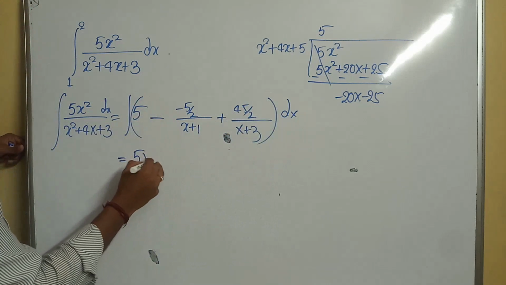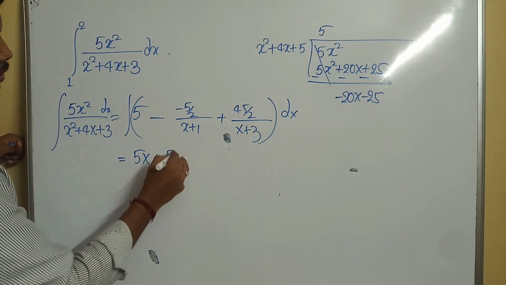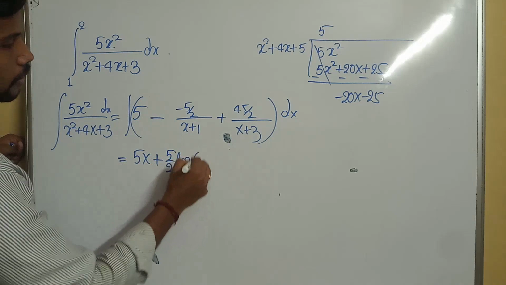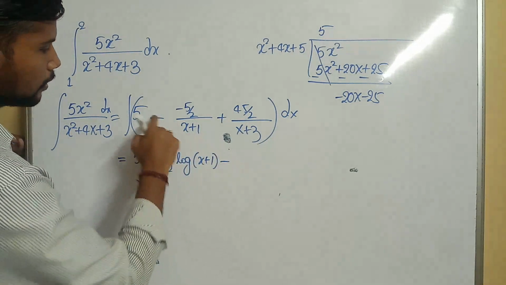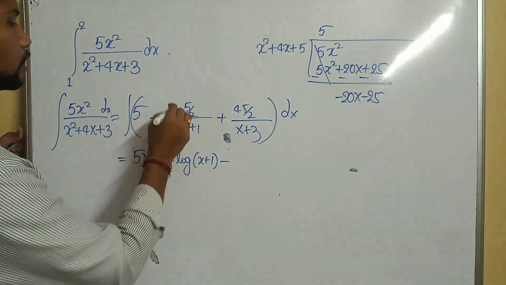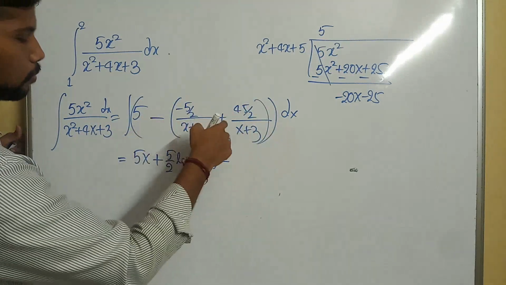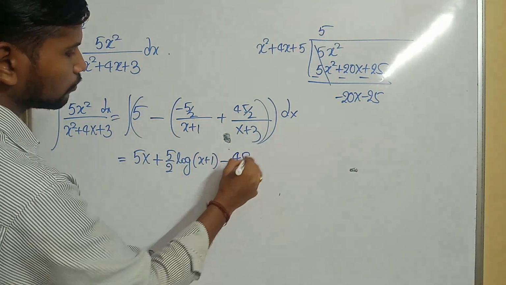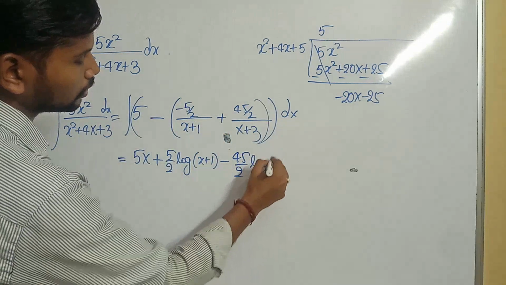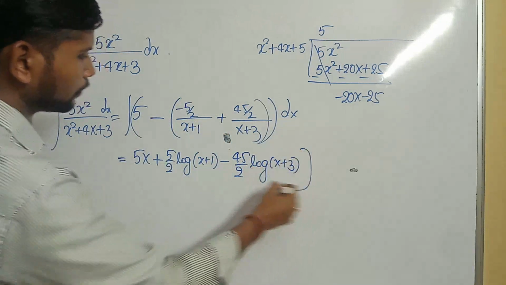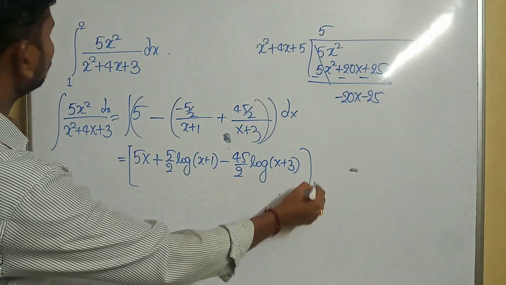Got it? 5x it is, minus into minus plus 5 by 2 log of x plus 1, minus into plus, it will be minus 45 by 2 log of x plus 3. Got it? The limits are 1 to 2.